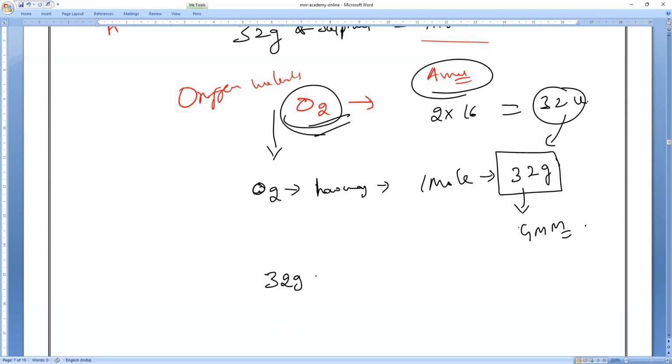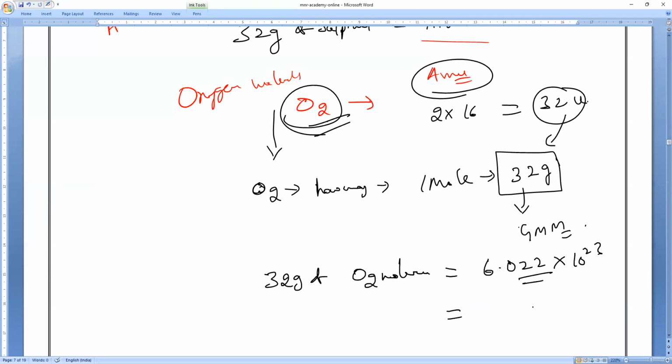If I take 32 grams of oxygen molecules, can you tell me how many particles there will be? Avogadro number of particles, that is 6.022 into 10 power 23. So 32 grams of oxygen equals the Avogadro number.